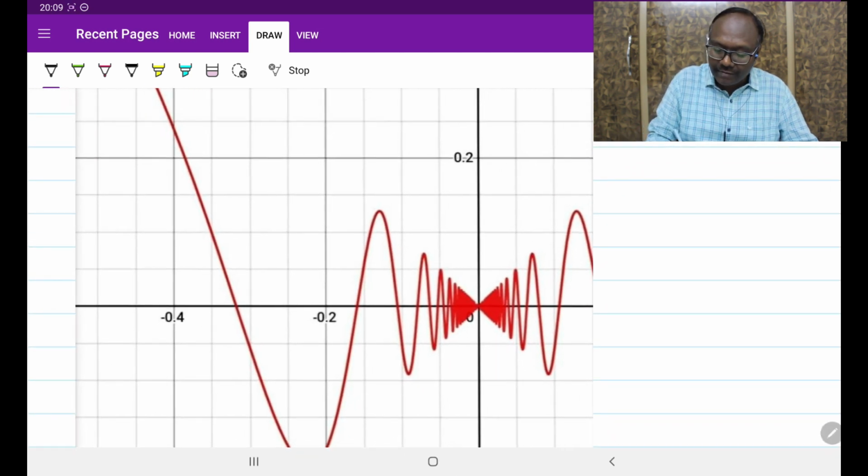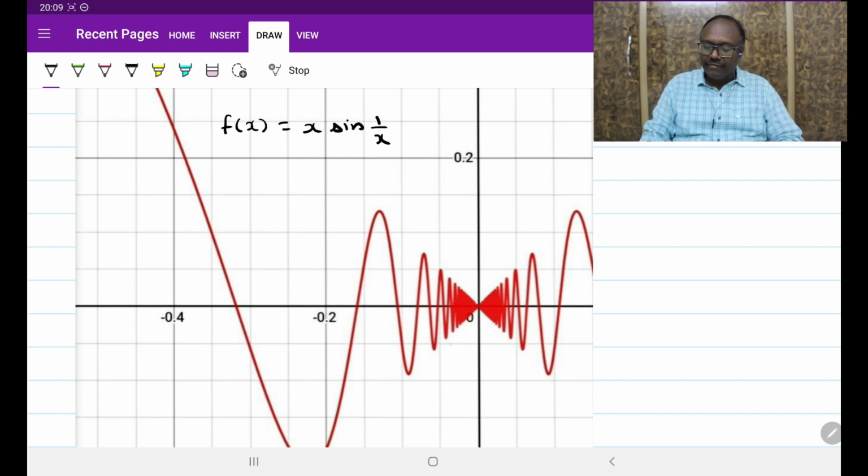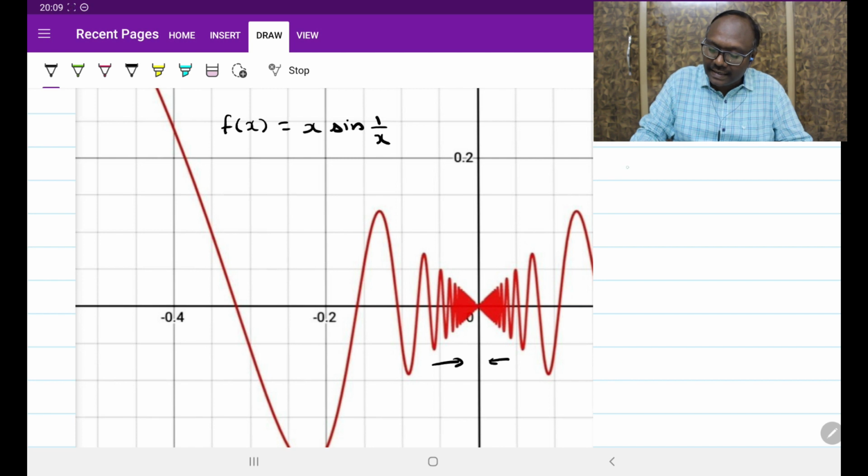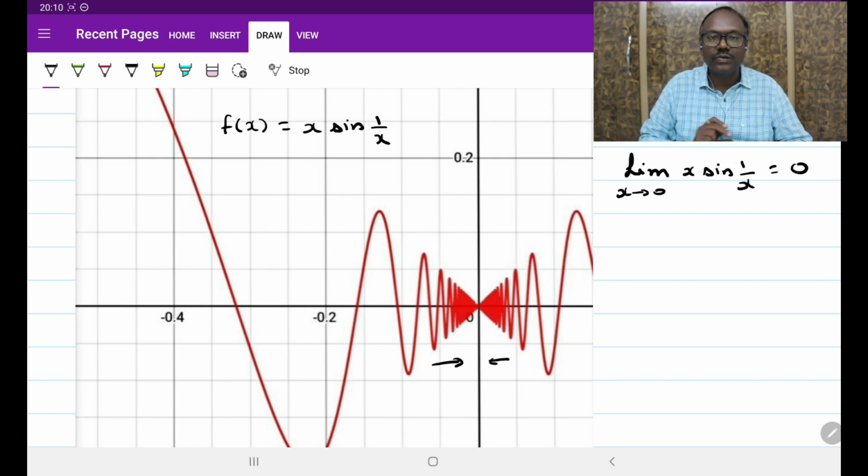So this is a graph of f of x is equal to x into sine 1 by x. And here we observe that as the value of x is approaching 0 from the left hand side or from the right hand side, the value of y is coming closer and closer to 0. So we can write this as limit x tends to 0, x into sine 1 by x is equal to 0. So this is also one of the important results.